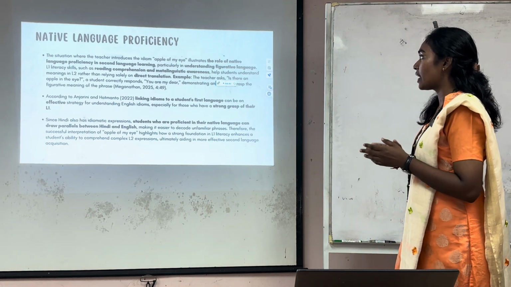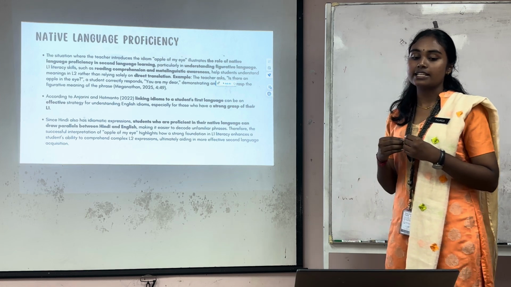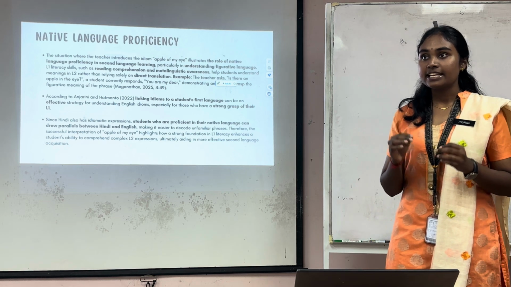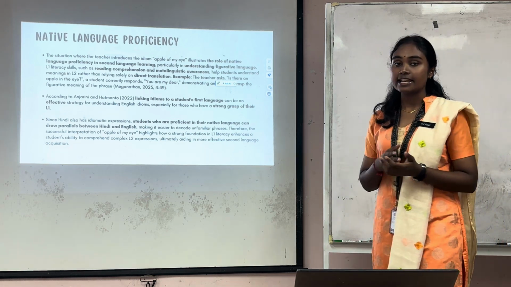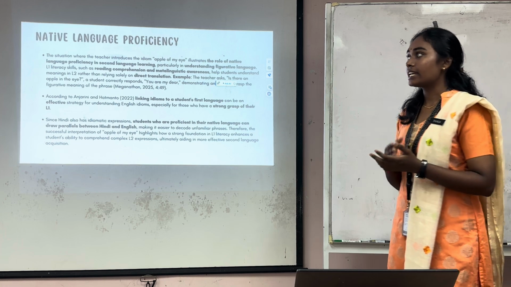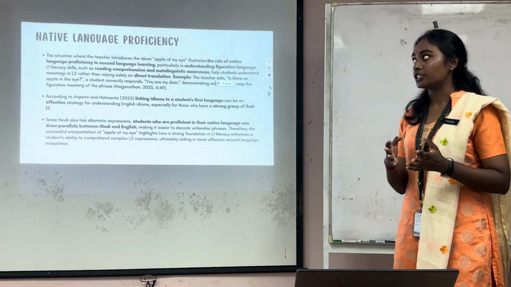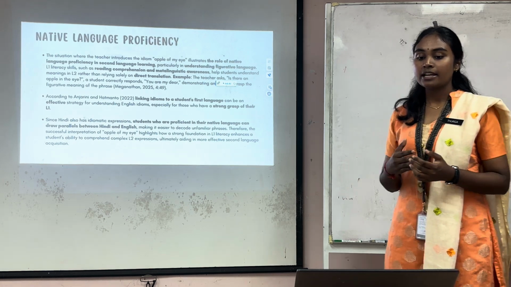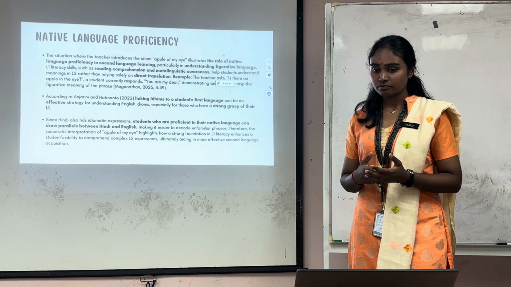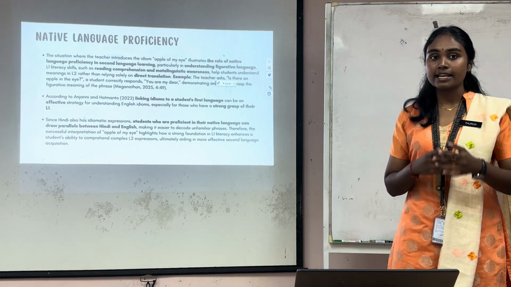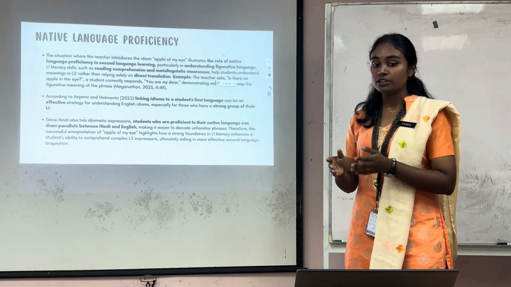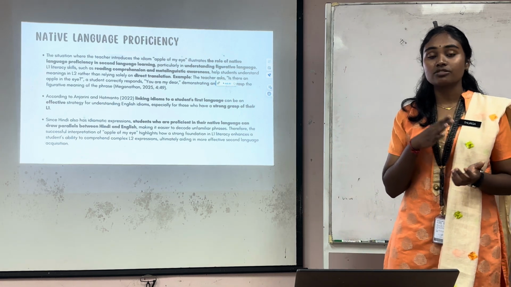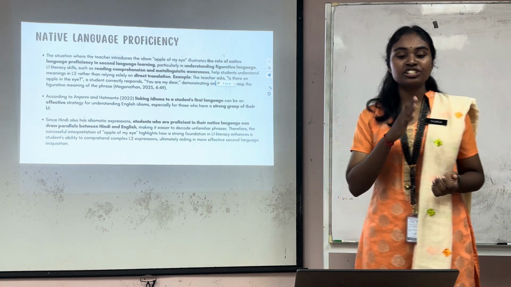There's a situation where the teacher introduces the idiom apple of my eye, which illustrates the role of native language proficiency in second language learning, particularly in understanding figurative language. L1 literacy skills such as reading comprehension and metalinguistic awareness help students understand meanings in L2 rather than relying solely on direct translation from English to Hindi.